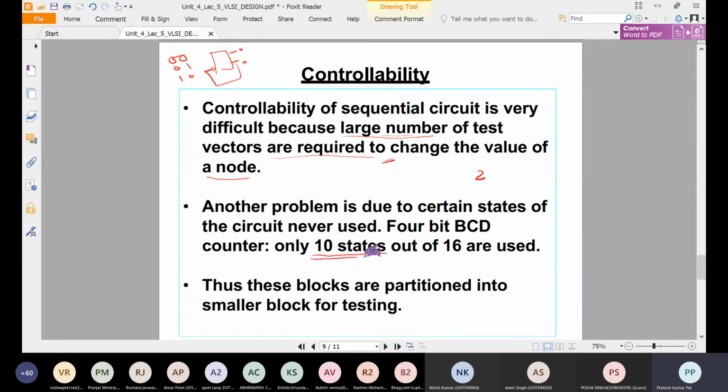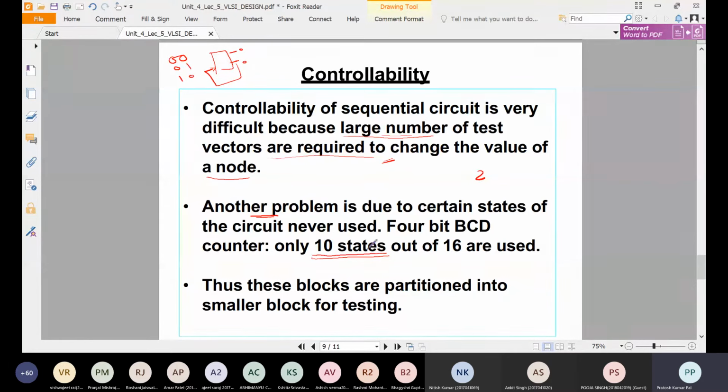The remaining states will be causing problems, because if we provide a remaining state as the input, it will not provide any output. So in that case, we have a limited number of test vectors. These are the vectors where, if we provide a random input, it will not correctly check the faults in the circuit.